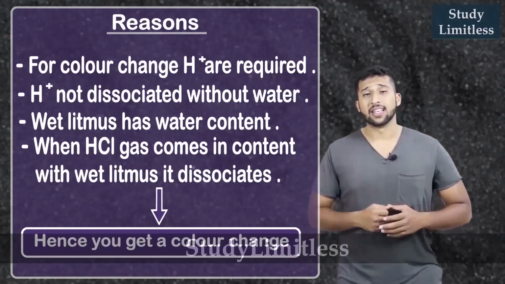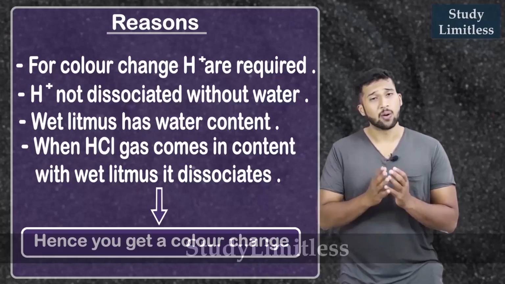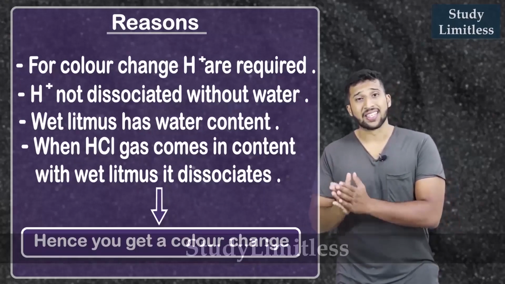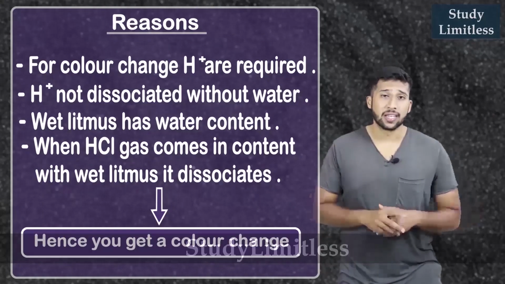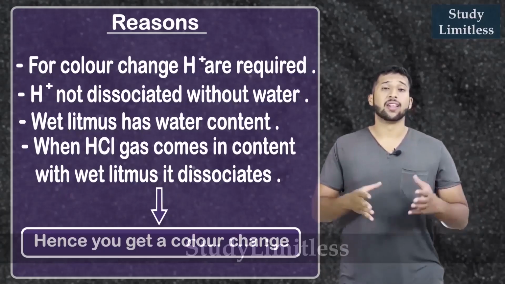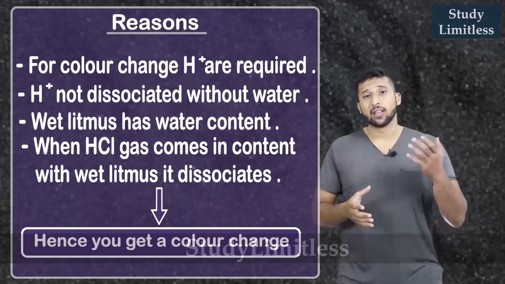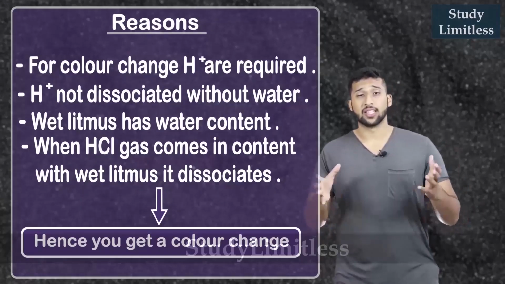As the litmus paper is wet, it has some water content, and the moment the hydrochloric acid gas comes in contact with the litmus paper, you will see a color change, which is due to the dissociation of the acid giving out H plus ions, and the H plus ions are what cause the change in color.